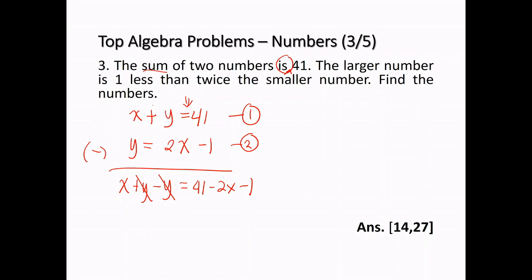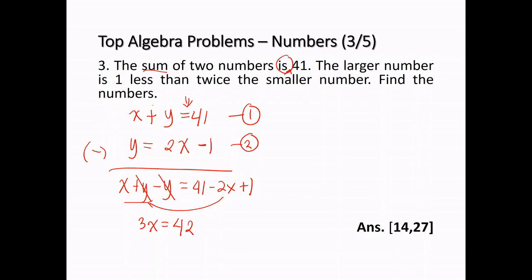So you transpose negative 2x to the other side, so we have x plus 2x becomes 3x is equal to 41 minus 1, sorry, we made a mistake because it should be negative 1 minus 1, so this should be plus. 41 plus 1 is 42.